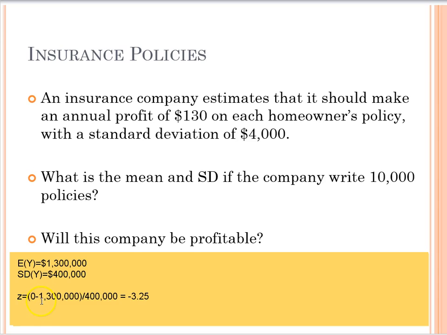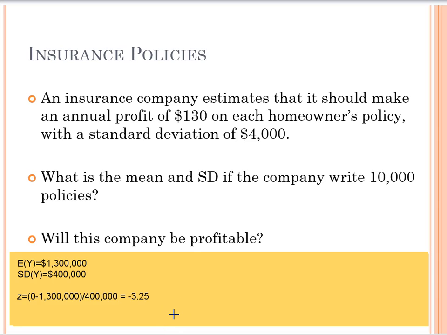We subtract off then the average expected profit, which is 1.3 million, and then from that difference we divide by 400,000, which is the standard deviation. So again, we're subtracting the mean and dividing by the standard deviation. That gives us a z-score of negative 3.25.